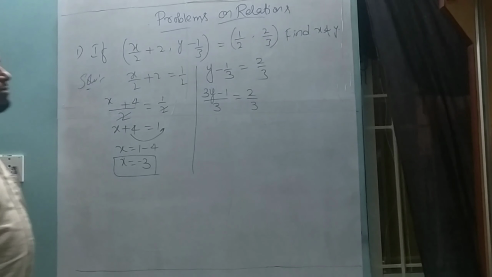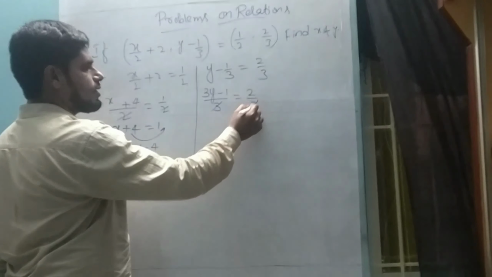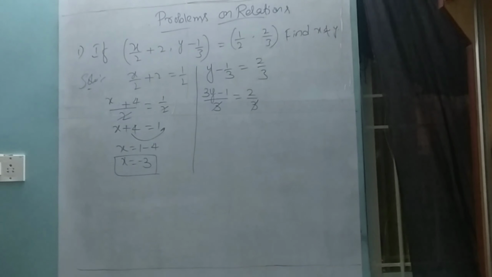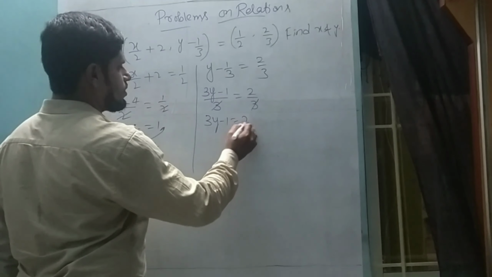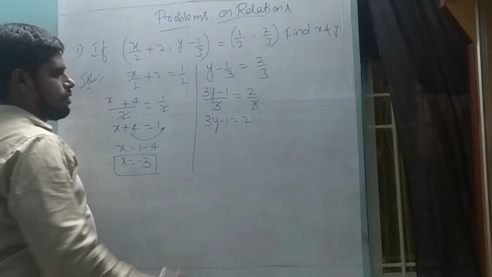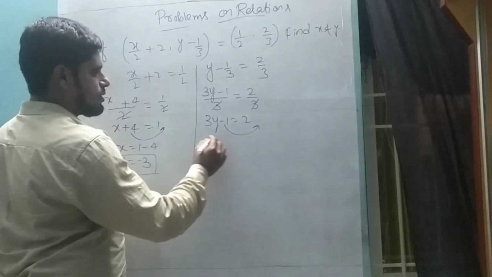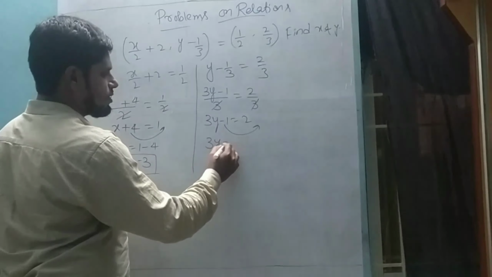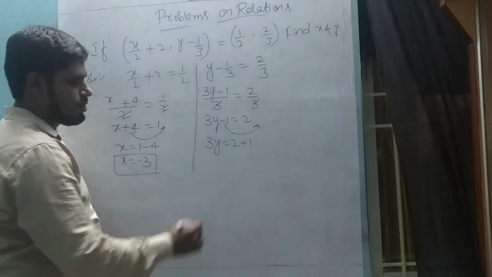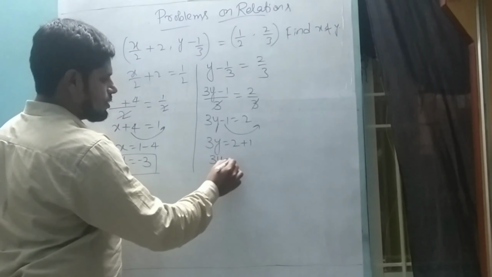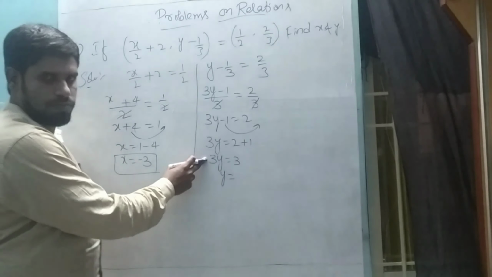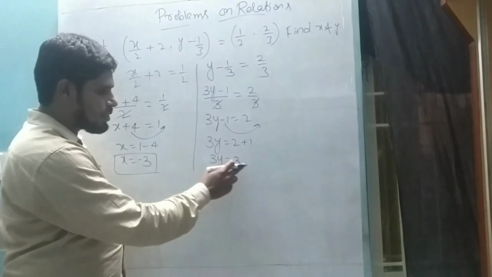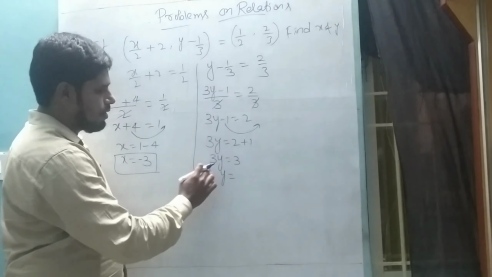Again, the left hand side and right hand side have the same denominators, so both get cancelled. So 3y - 1 = 2. If I shift this minus 1 to the other side, I get 3y = 2 + 1, so 3y = 3.